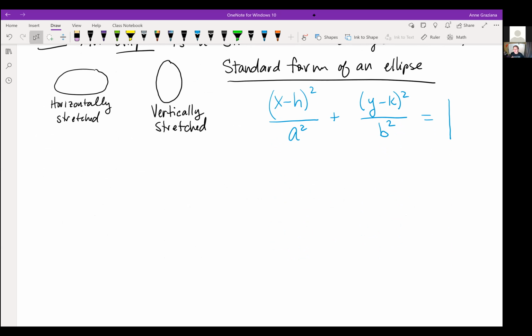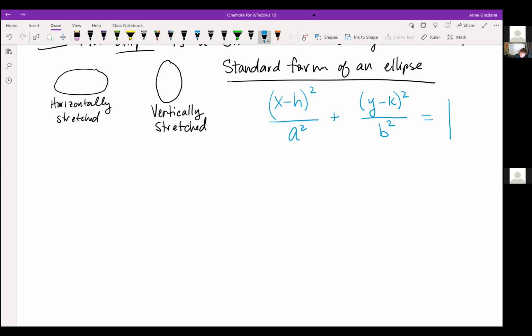Now, h, k is not new to you guys. How has h, k been used for us before? Does anybody remember? Vertex. It's the vertex. Now, in ellipse terminology, it's called the center.